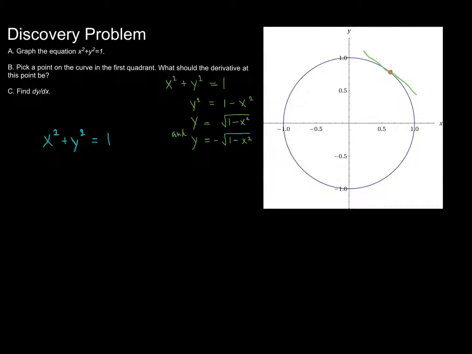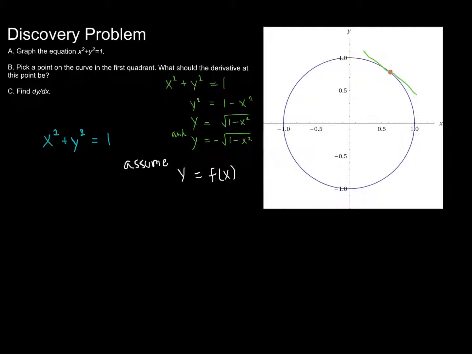Y is a function of x. It's just that I can't write it out in some nice, neat way. So I start with this assumption. I assume, correctly of course, that y is a function of x, meaning y is equal to some function of x.